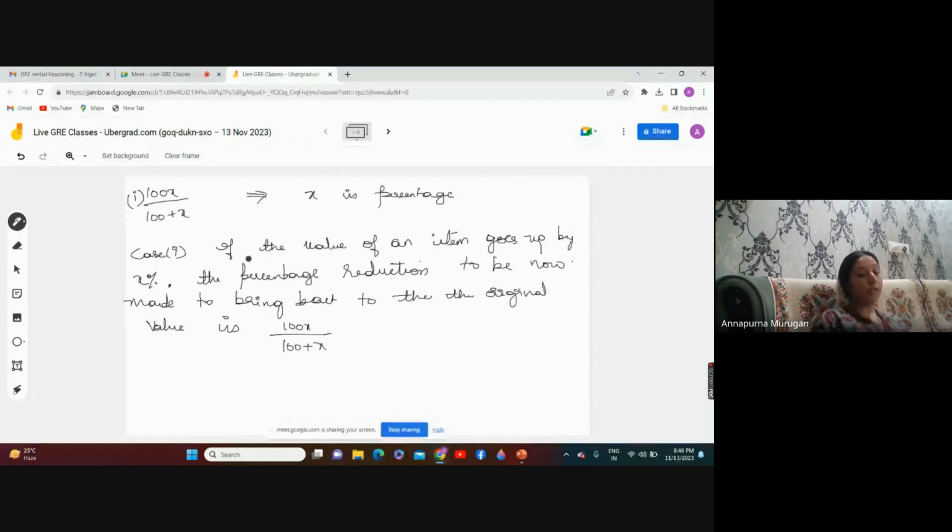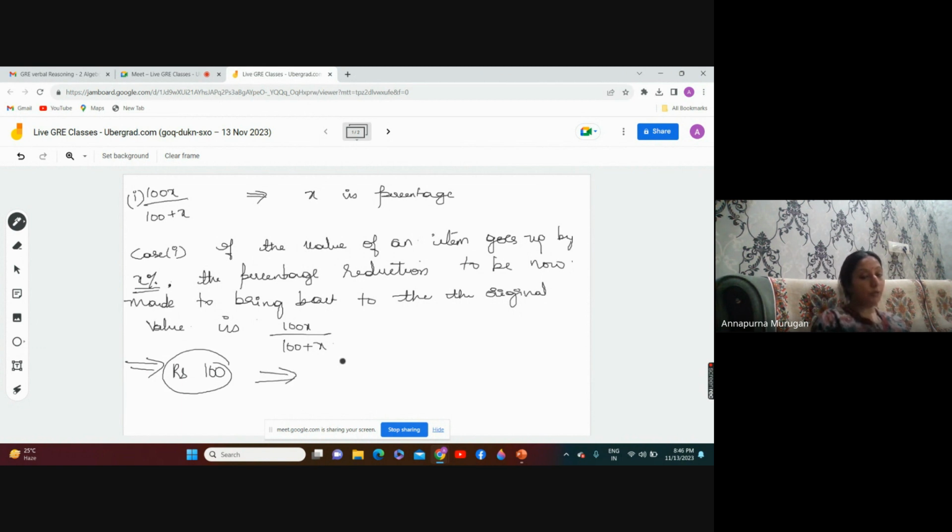So that means if the value of an item goes up by x%, the percentage reduction you now need to make is what? Let me see. The cost of something is 100 rupees. The original value is 100 rupees.